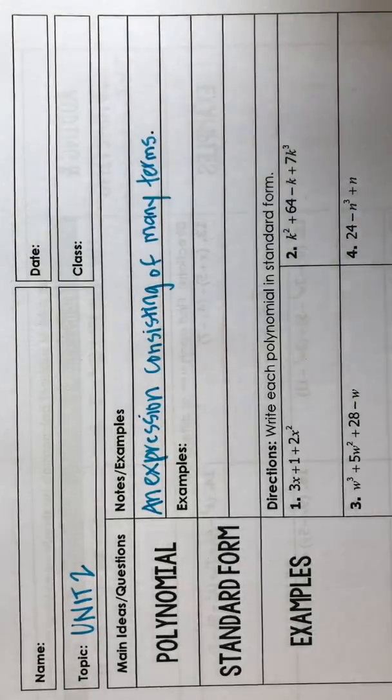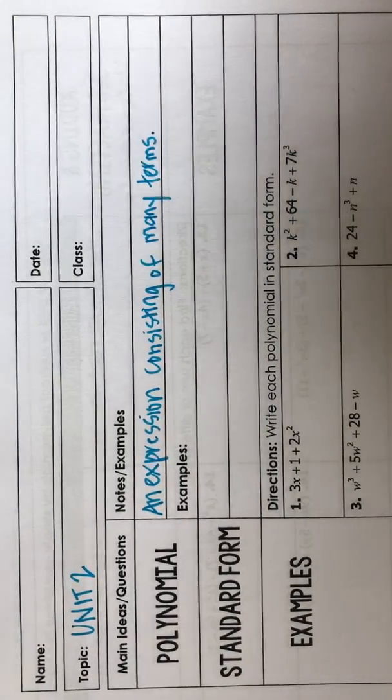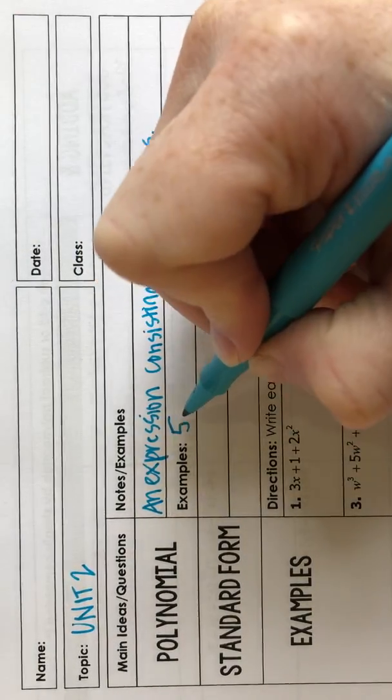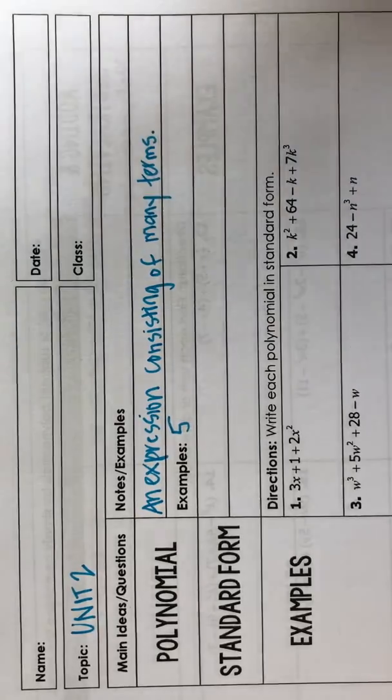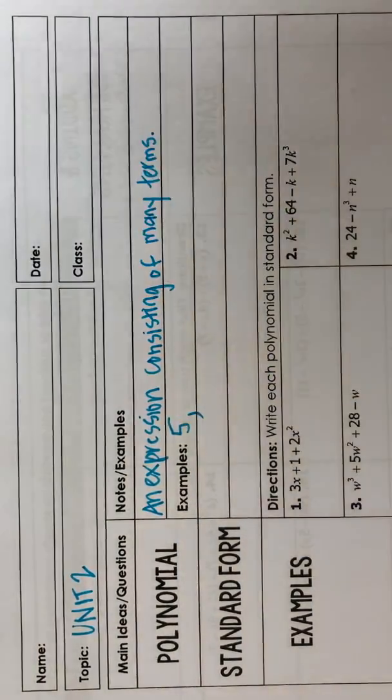Okay? Now, terms are the things that we add together for polynomials. So some examples. The number 5. Standalone, that's a number, it's a constant, but I can also call that a polynomial.